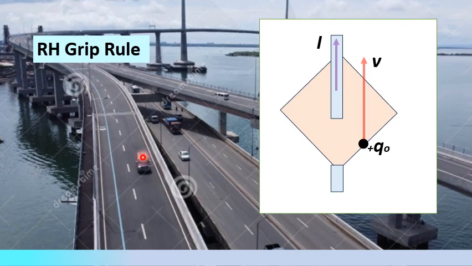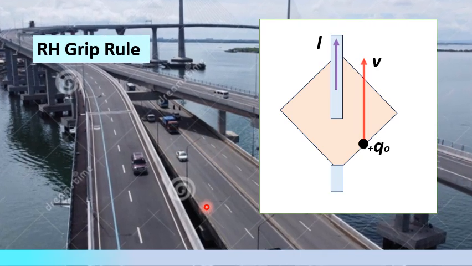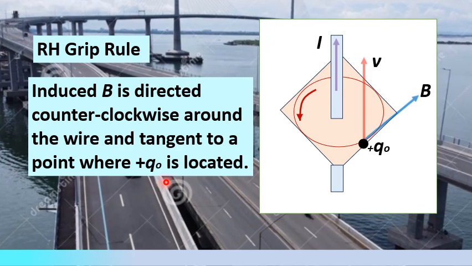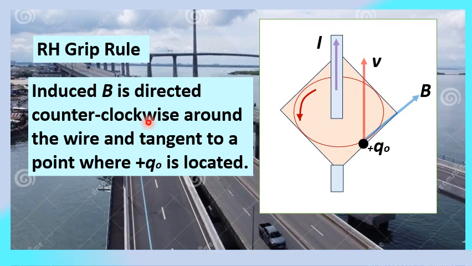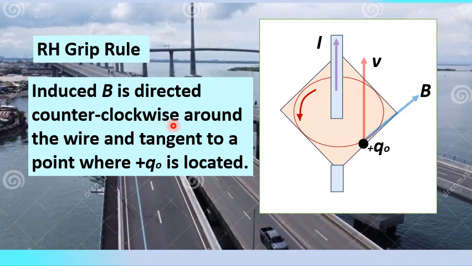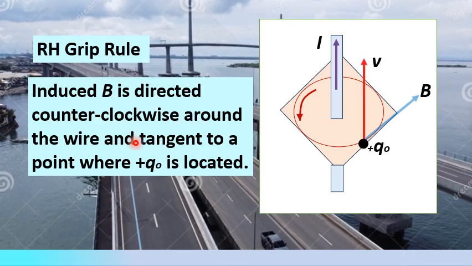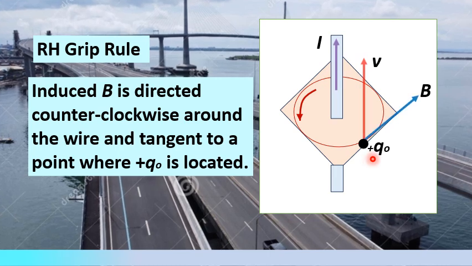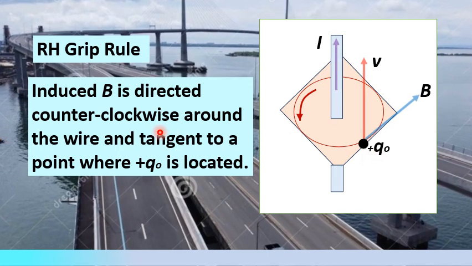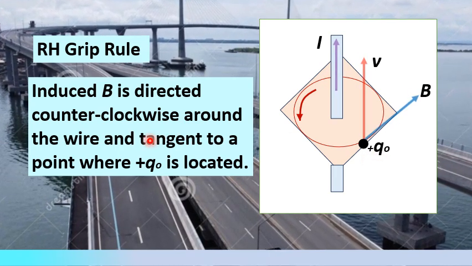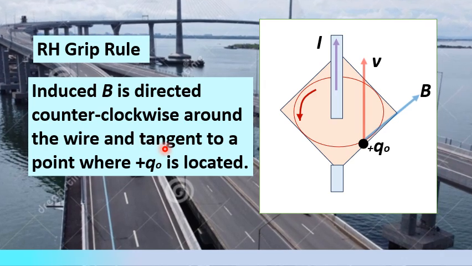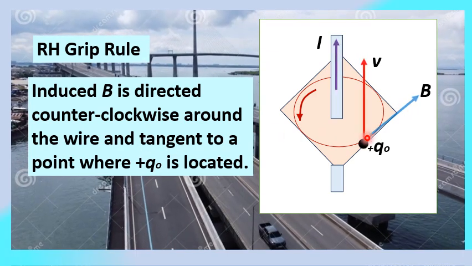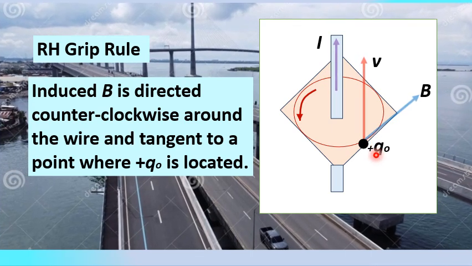So when you execute the right hand grip rule, you will see that the induced magnetic field around the wire is directed counterclockwise. And at exactly the same point where the positive charge Q naught is located, this magnetic field B is directed tangent to that point.